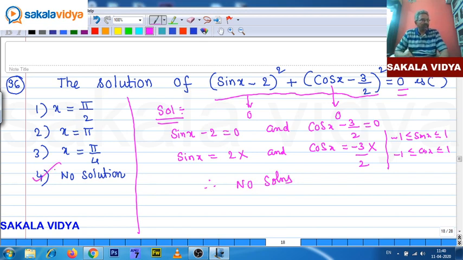So fourth option. Even 3 by 2 means that is equal to 1.5. The cos x cannot be equal to 1.5. Understood now? So that's why it has no solution.